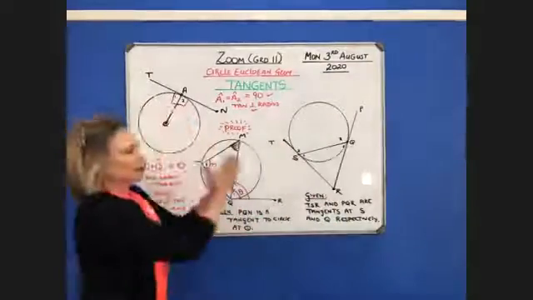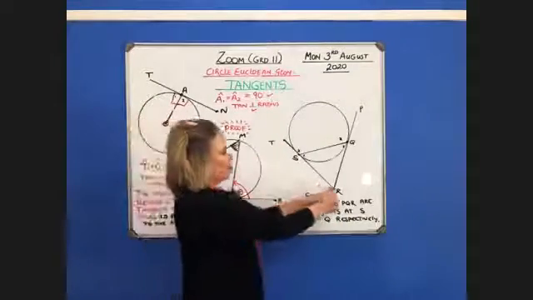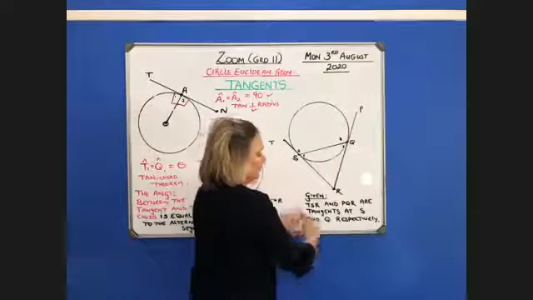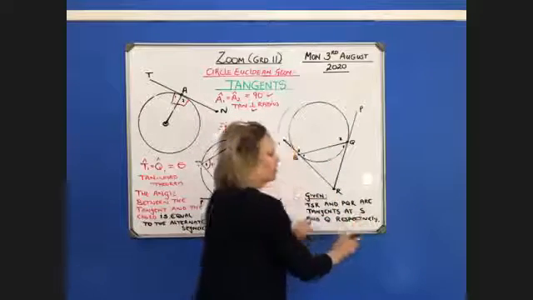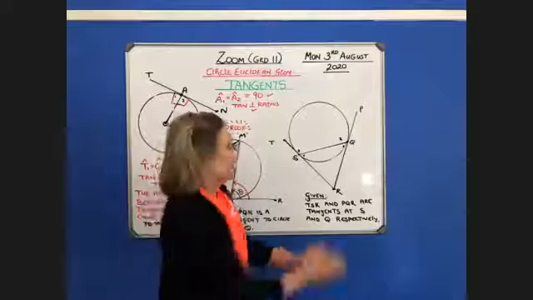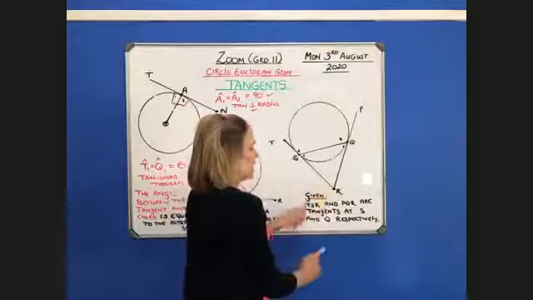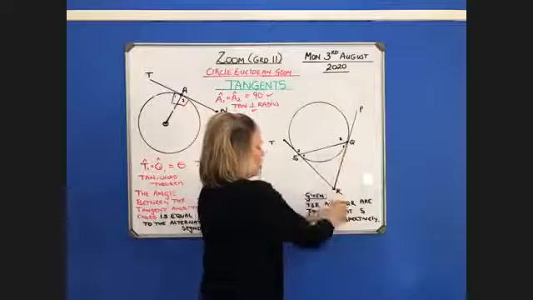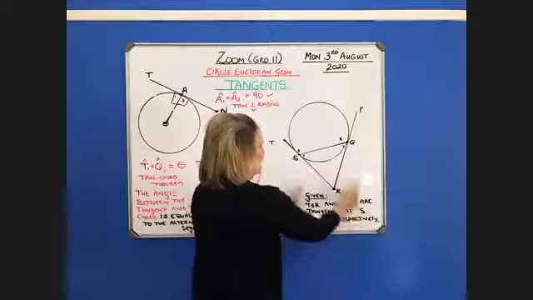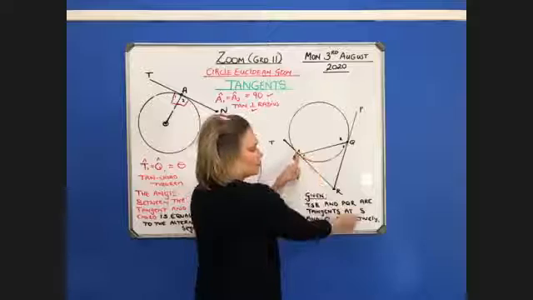All right. The third thing I want to remind you is that when you are given two tangents, they have to tell you in the rubric that they are both tangents. They normally would say, for example, TSR and PQR are tangents at the point Q respectively.